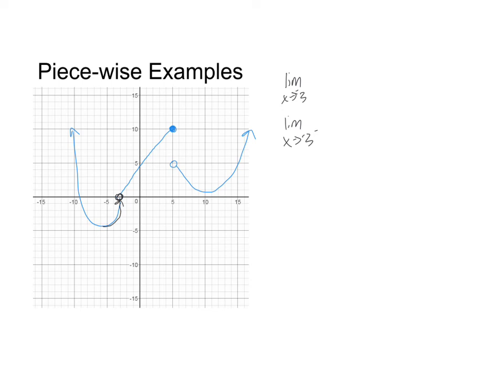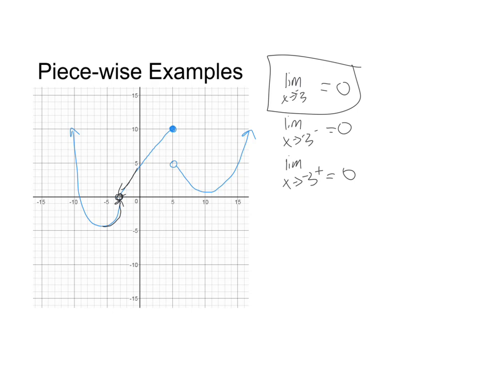You can see as it gets closer and closer, our y value is approaching 0. If we do the limit as x approaches -3 from the right hand side, it's also approaching 0. Since those two are the same, then our overall limit is indeed 0.